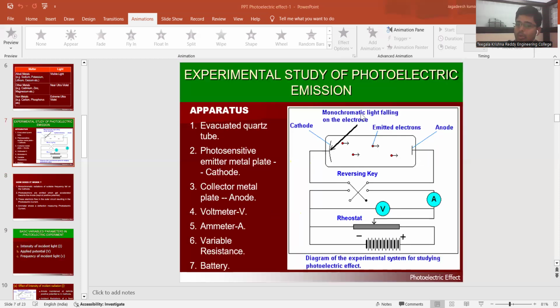When monochromatic light falls on the metal, electrons are emitted from the metal.